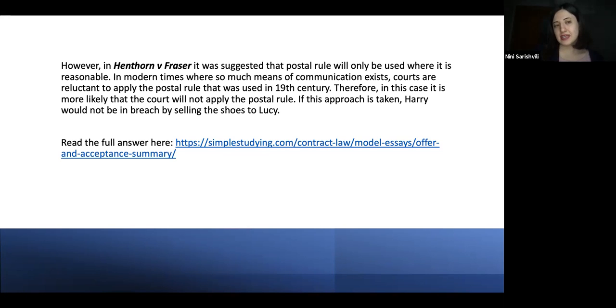So in this kind of situation where you have two cases suggesting opposite outcomes, the best way to approach this problem is to discuss both cases, and say what would be the court's conclusion if any of these cases was applied, and what is the most likely outcome if the court takes this approach.